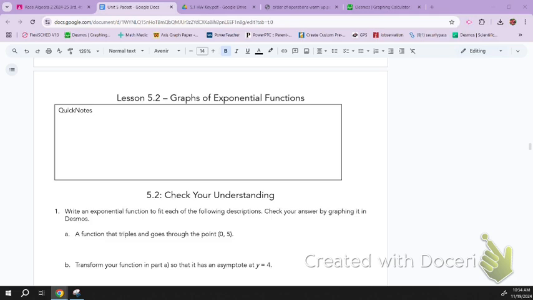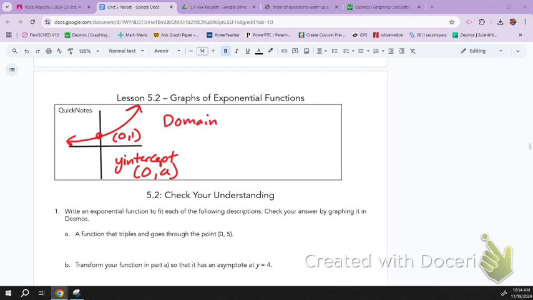Exponential functions. For the most part, our y-intercept comes from the a value.